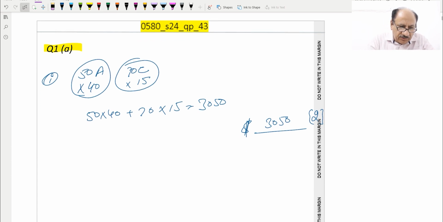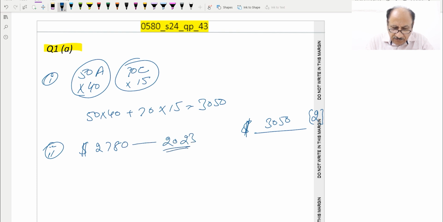Now the second part says the cost of running the club in 2023 was $2780. Calculate $2780 as a percentage of the total of the membership fees received by the club, which we have already calculated. So for the percentage we calculate 2780 divided by the previous one, which was 3050, and multiply by 100.